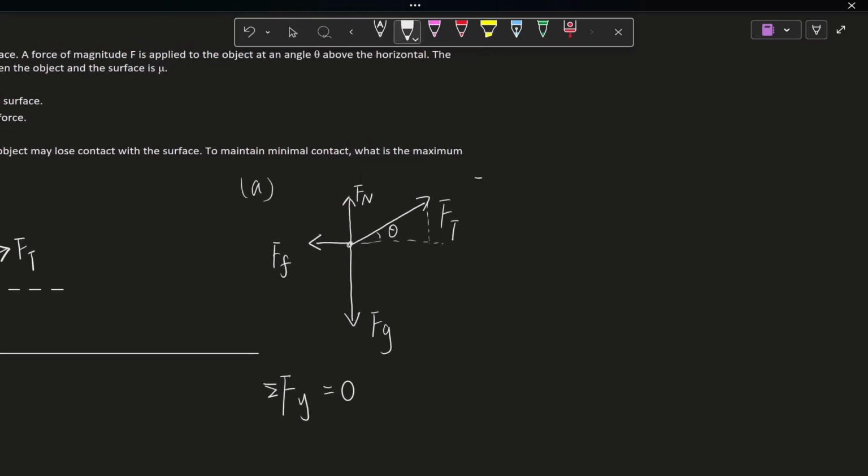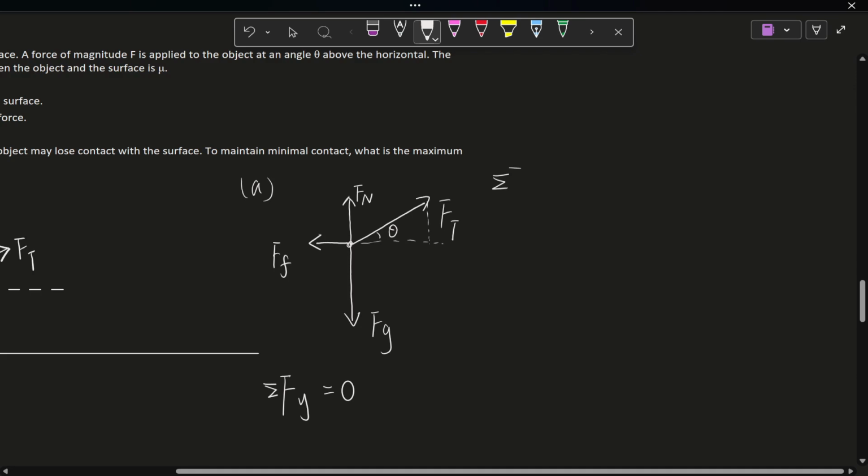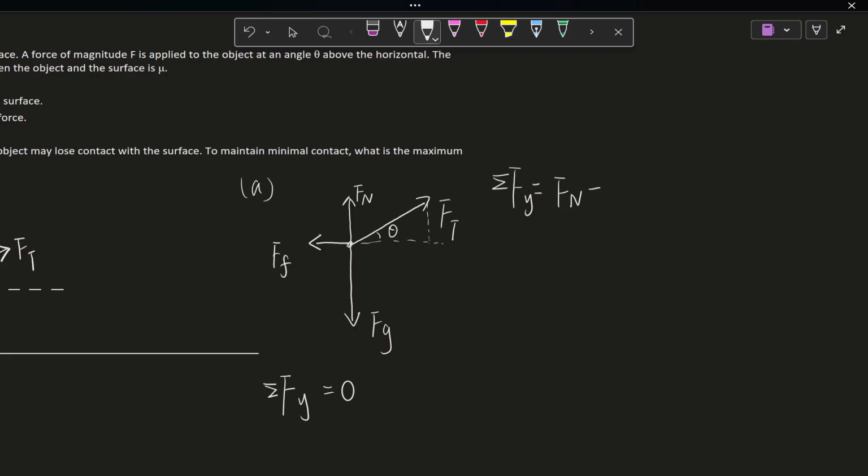So now you can write something like, I'll write it over here: the net force in the vertical direction is equal to Fn plus Ft times sine theta minus Fg is equal to 0.